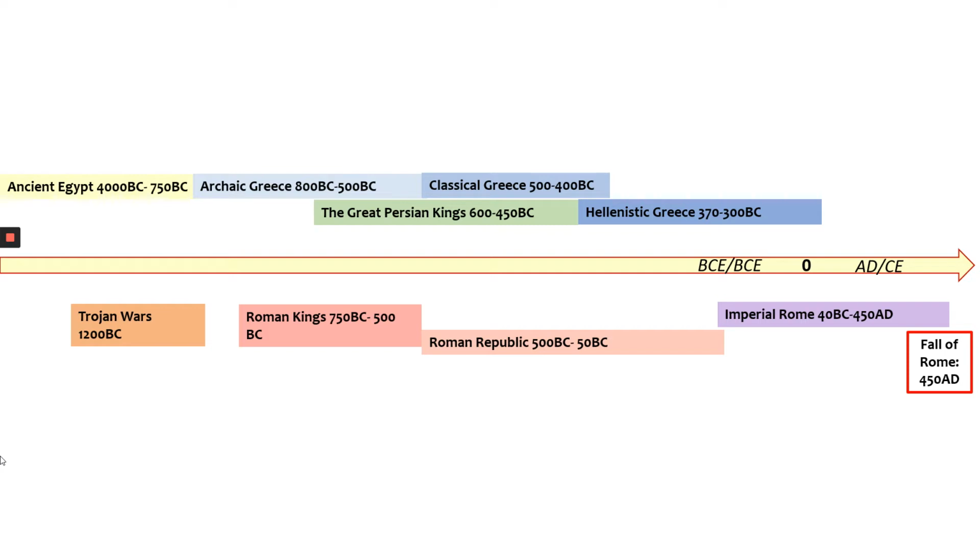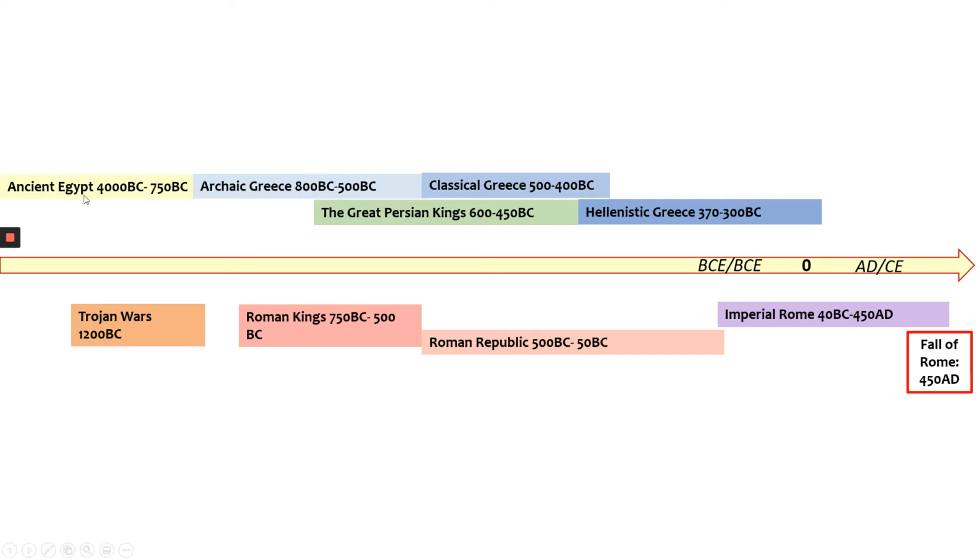Yes, there were things happening across the world in other parts, for example, China or South America and southern parts of Africa. The problem is we do not have a lot of evidence for these. So when we talk about the ancient world, the classical world, we are primarily talking about the area around the Mediterranean and the Middle East.